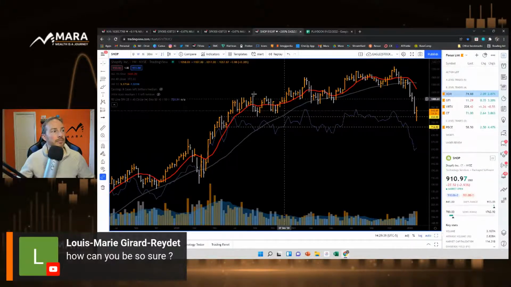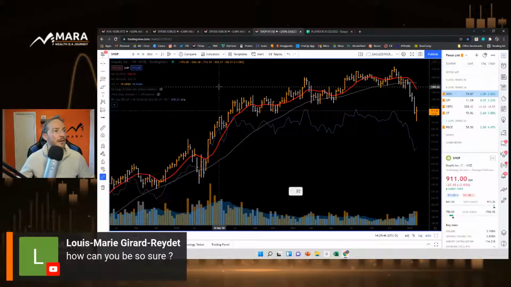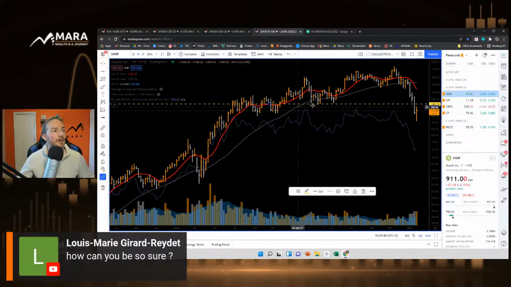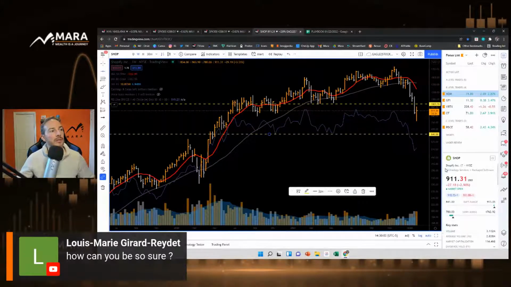So let's remove some of these drawings over here. You have this level of support right over here. Price takes out that level of support last week, but you also have a level of support on the relative strength line, this little squiggly line over here, which is how price is performing versus the S&P 500.